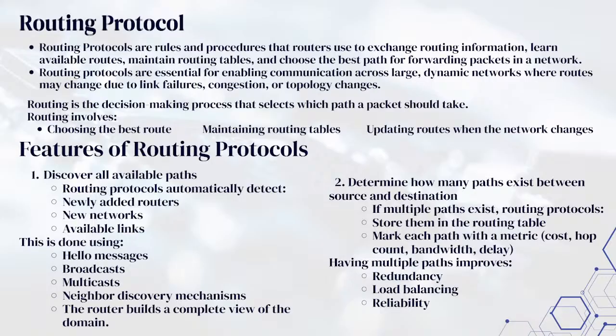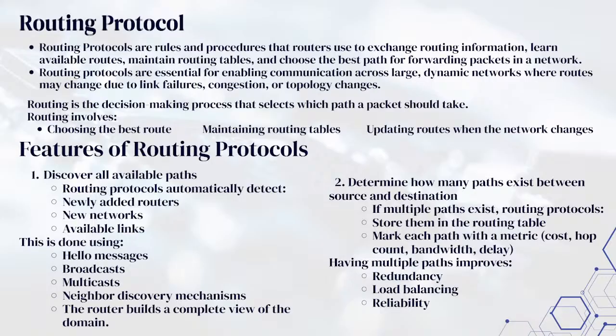So again, I'm repeating, a routing protocol is a rule or procedure that the router uses to exchange routing information. It learns available routes, maintains the routing table, and chooses the best path for forwarding packets in a network.